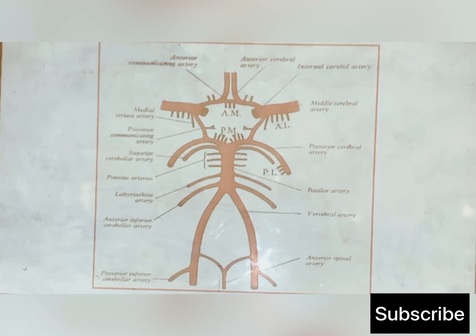Are you clear? So each of these two vertebral arteries, before uniting, gives rise to PICA, the posterior inferior cerebellar artery, supplying the posterior inferior part of the cerebellum.